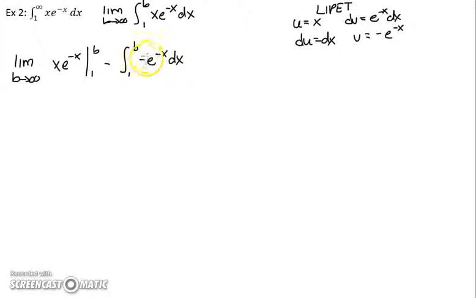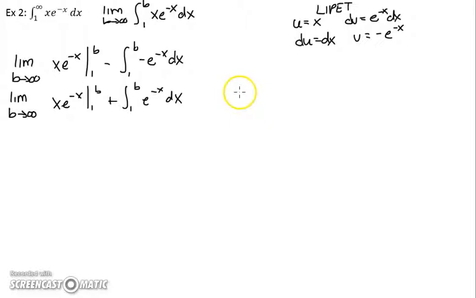We can take this negative sign, bring it out front, so the limit as b approaches infinity of x e to the negative x evaluated from 1 to b plus the integral from 1 to b of e to the negative x dx. To integrate this, we need to use a u substitution because that's not just x, it's negative x.